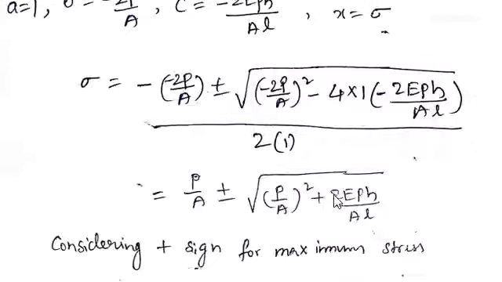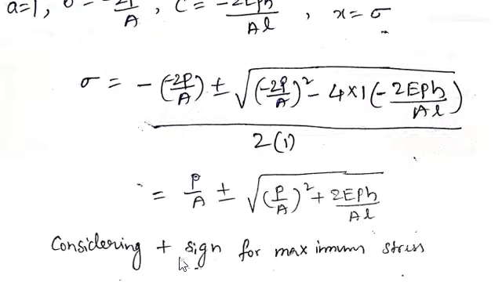When you simplify this, we can write P by A. The 2 and 2 get cancelled, and minus of minus becomes plus. We can write P by A plus or minus under root of, where we can take out 2 square means 4 common. When it comes outside it becomes 2, and the division by 2 cancels it. The second term becomes under root of P by A whole square plus 2E Ph by AL.